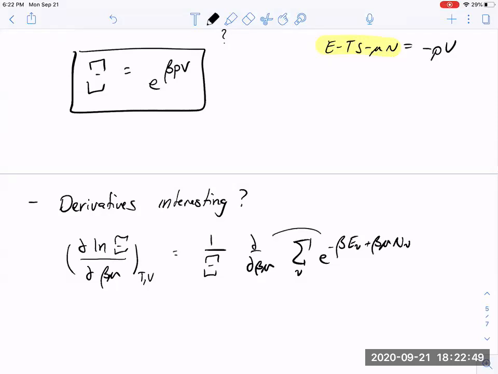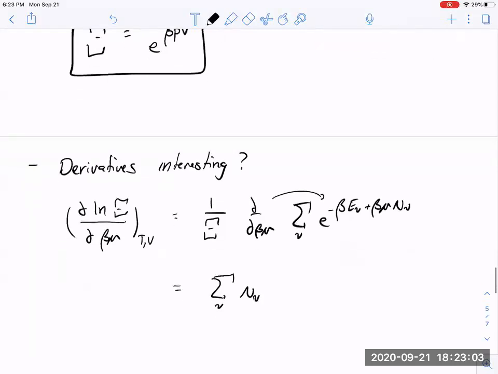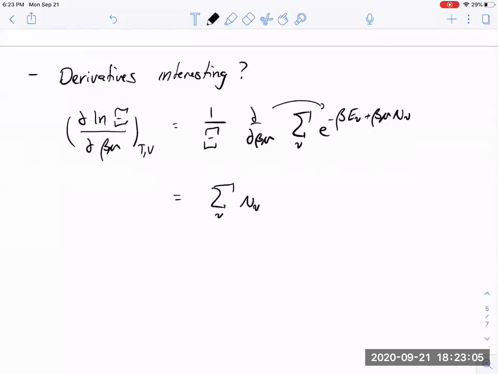If we bring this derivative inside, you'll note we'll pull down a factor of the number of particles in the microstate. So we'll have a sum over microstates, the number of particles in that microstate. If we bring in that factor of 1 over the partition function, we'll have e to the minus beta E nu plus beta mu N nu over that partition function.